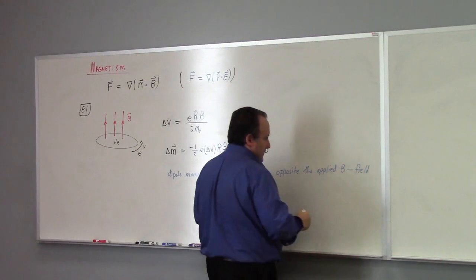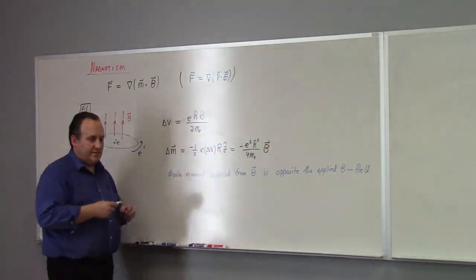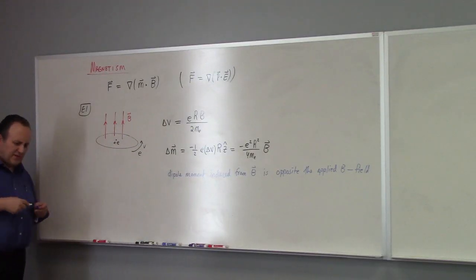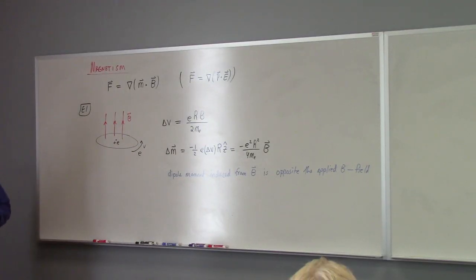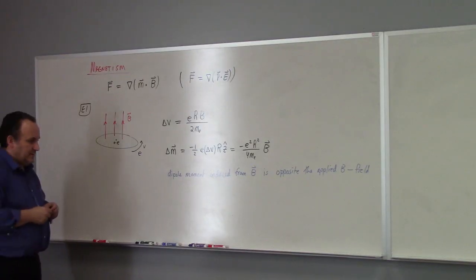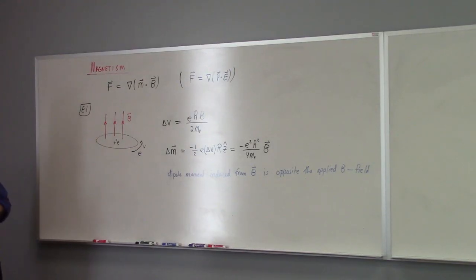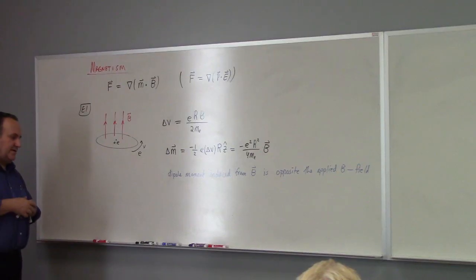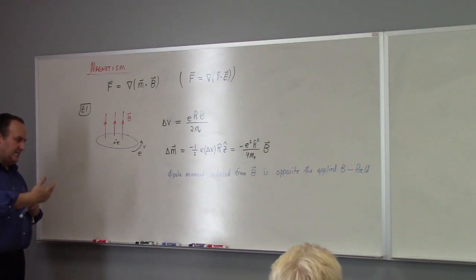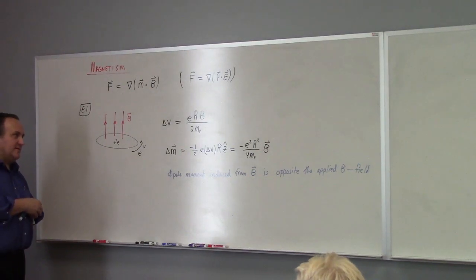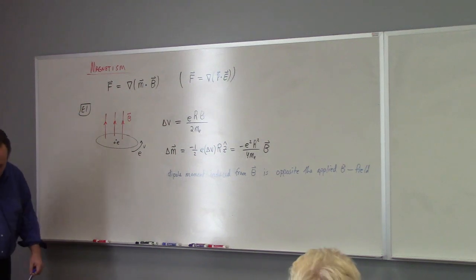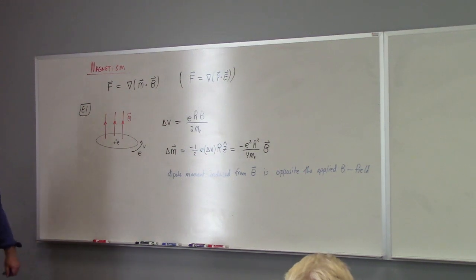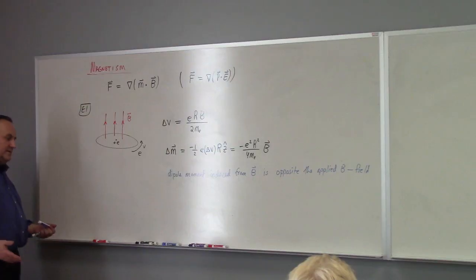And so we said there were three kinds of materials: diamagnetic materials, paramagnetic materials, and also ferromagnetic materials. For a diamagnet, the induced magnetization is opposite the B field.